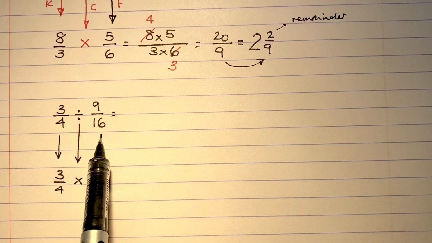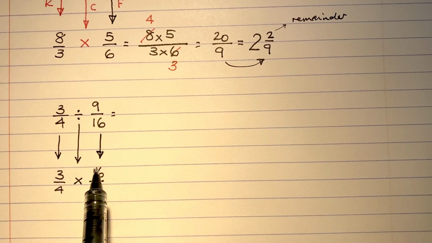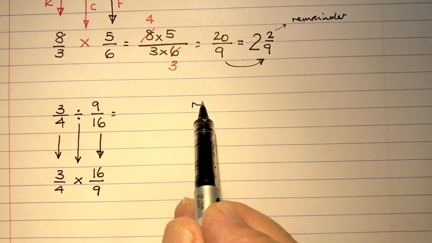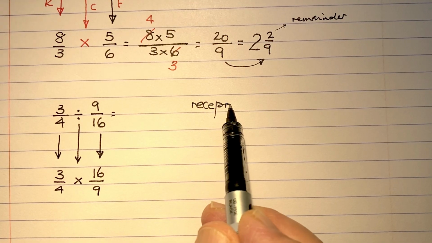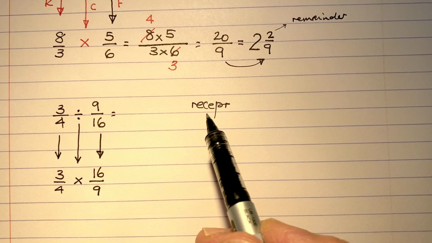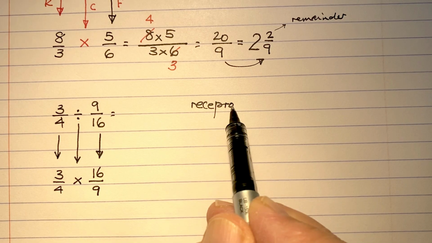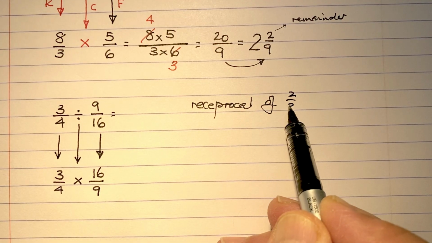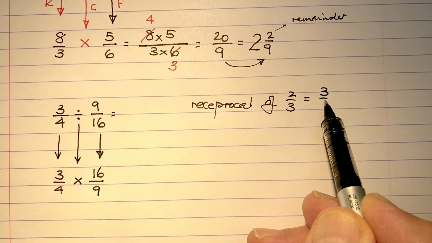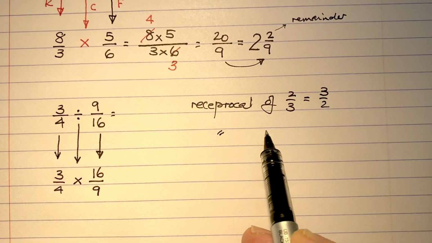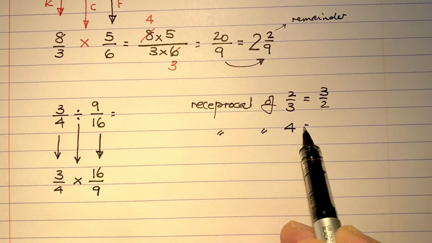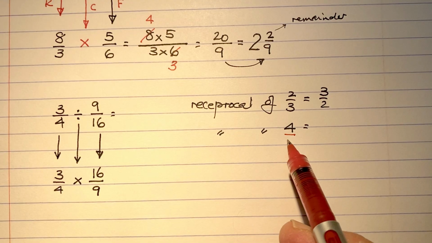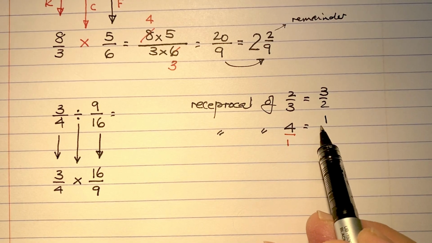Now, this business of flip, in maths we call this reciprocal. Reciprocal of 2/3 is 3/2. So when you flip, reciprocal of 4, of course I can't turn 4 upside down unless I give it a bottom number of 1 first, is 1/4.